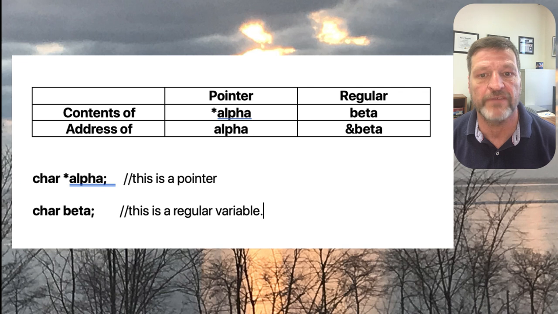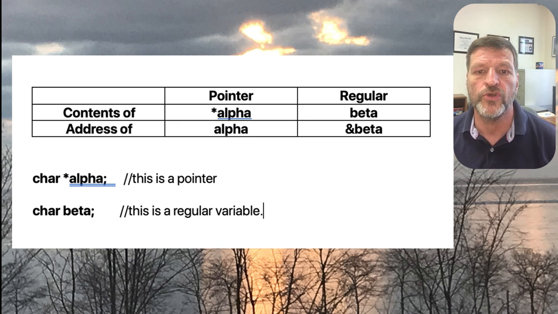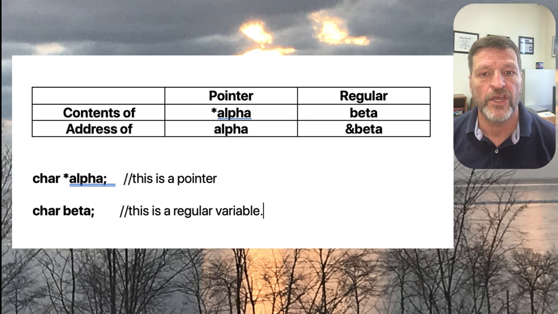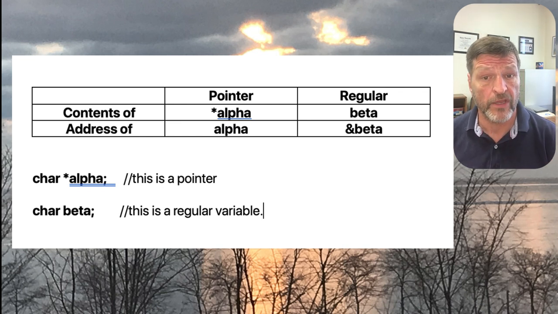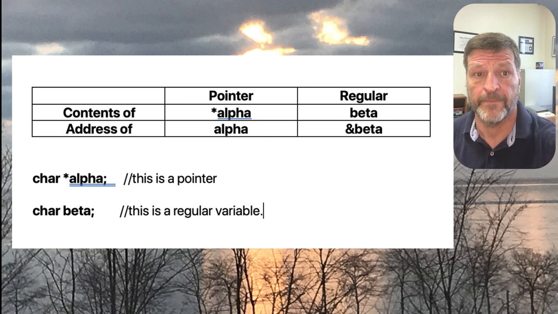If you want to know the address of it, you just say alpha. Regular variables, like this variable beta, a character variable called beta, if you want to assign a value to beta, you just say beta equals something, right? And if you want to know the address of beta, you use the ampersand sign. So ampersand beta is the address of where that data is stored in your computer. So that's the key. For pointers and regular variables, it's different, right?